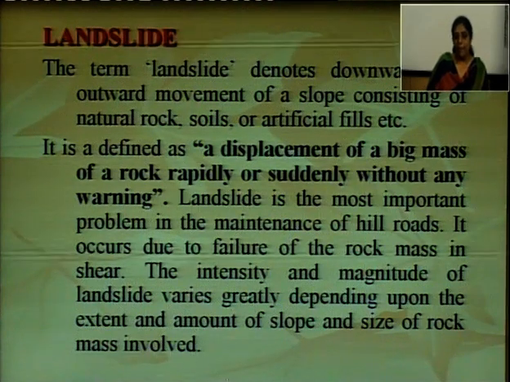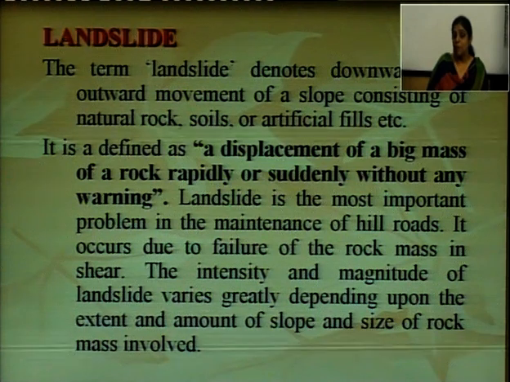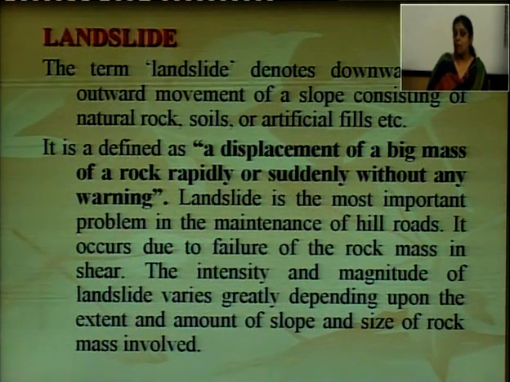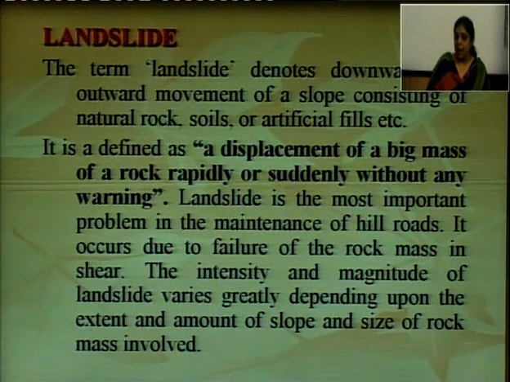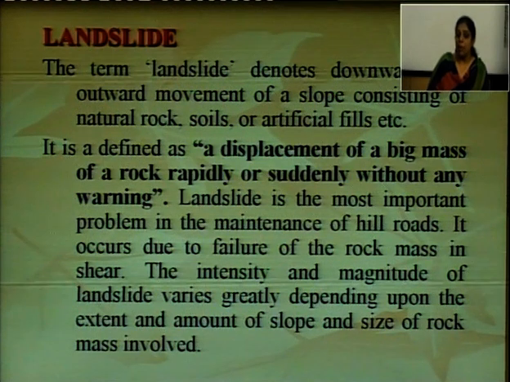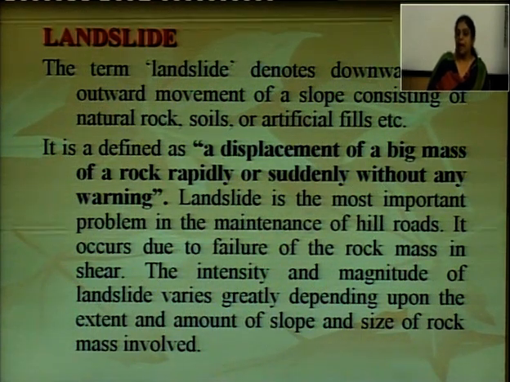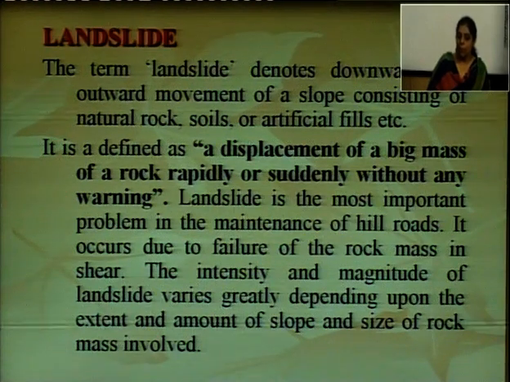But what happens? Landslide is the most important problem in the maintenance of hill roads because it occurs due to failure of the rock mass in shear. The intensity and magnitude of a landslide varies greatly depending upon the extent and amount of slope and size of rock mass involved.